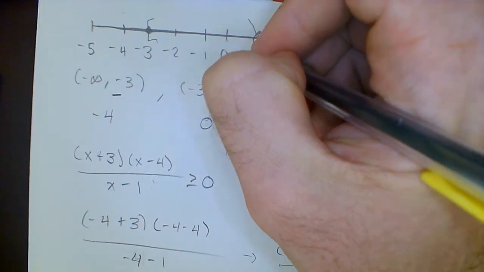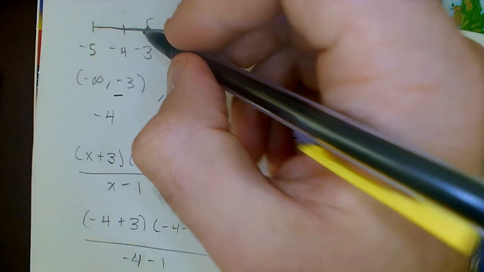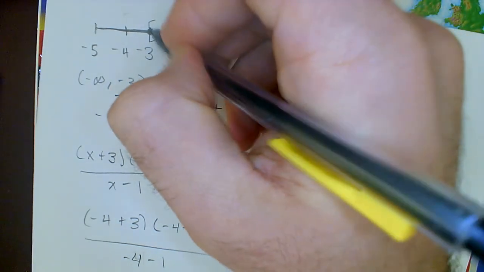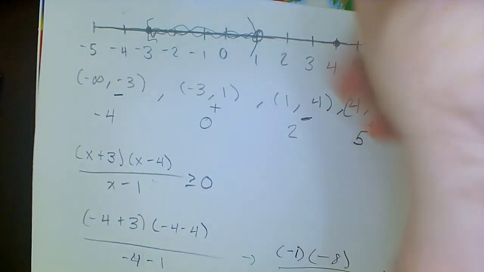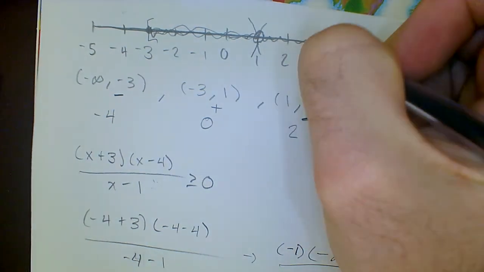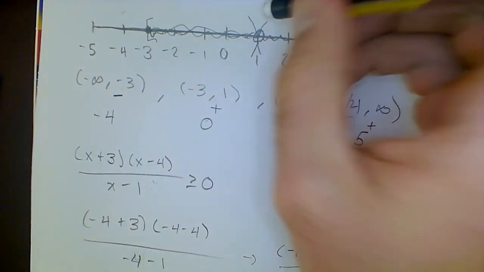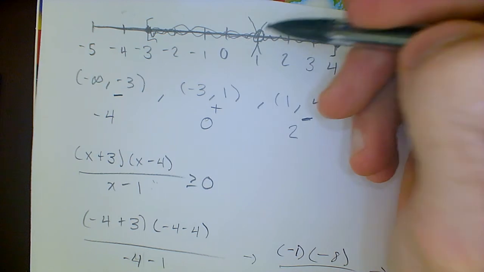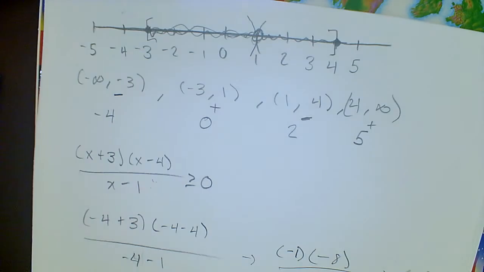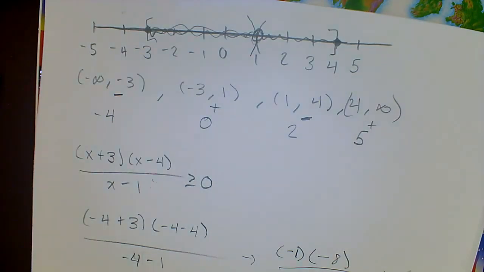Okay, we don't include our undefined point because it's just undefined. So we are going to shade this here, and then similarly shade that, and include the 4. You can also just not do these brackets here and just write a circle there.